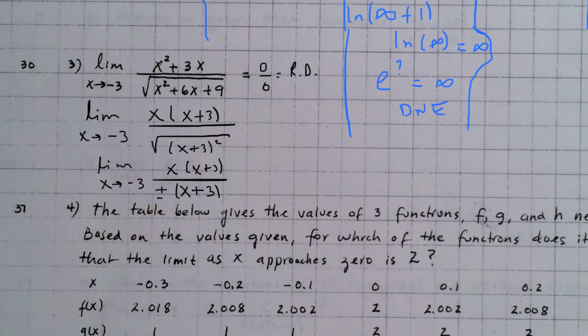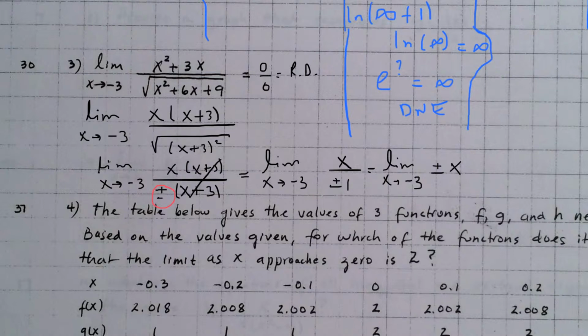And this is important that you have a plus or minus, because now the x plus 3 will cancel out. That leaves you with the limit as x approaches -3 of x over plus or minus 1, because everything else canceled out. So that is the limit as x approaches -3 of plus or minus x.